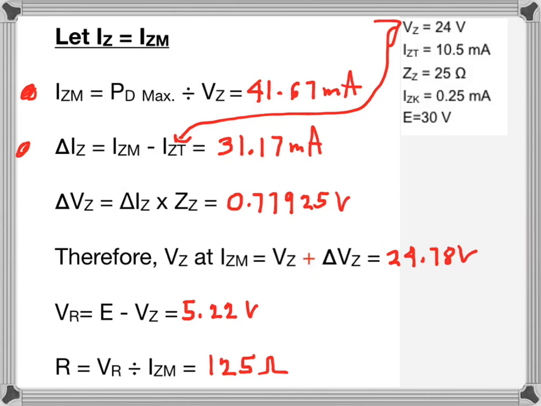If you subtract those two numbers, you get 31.17 milliamps.